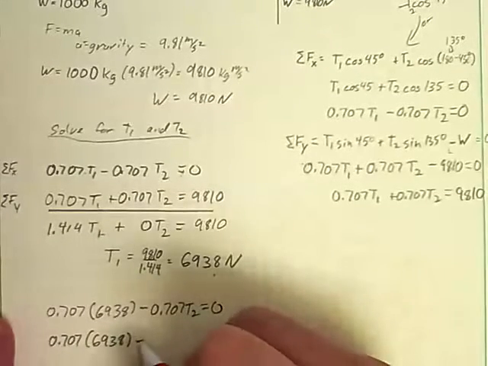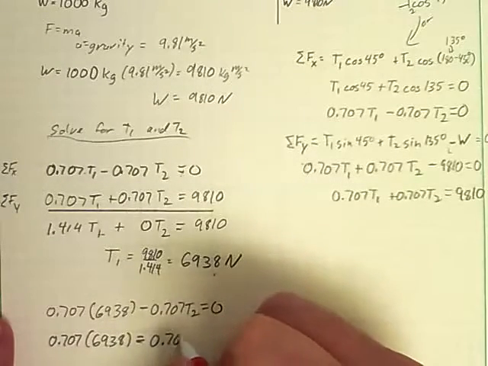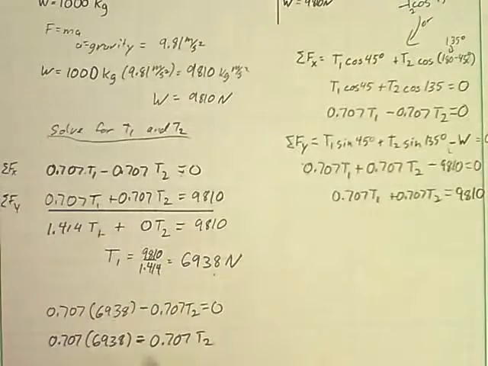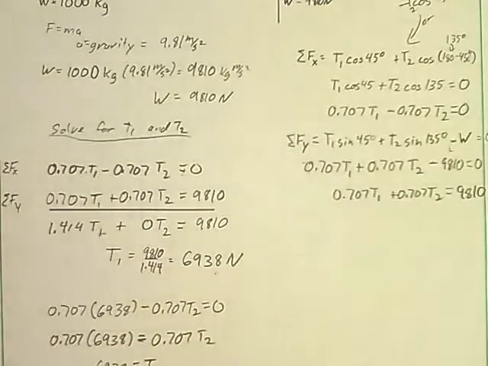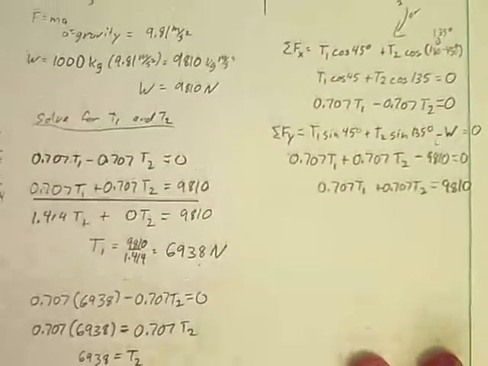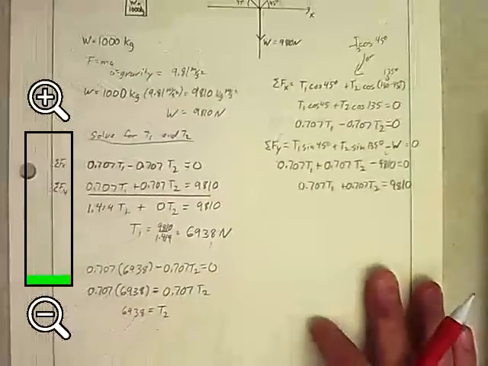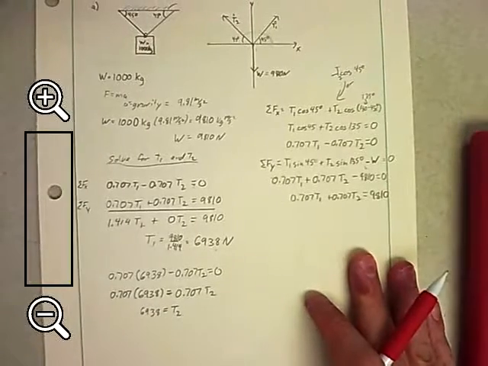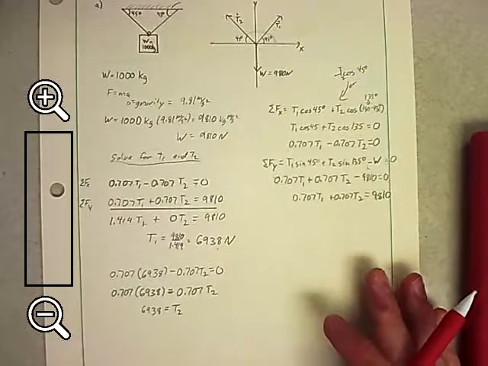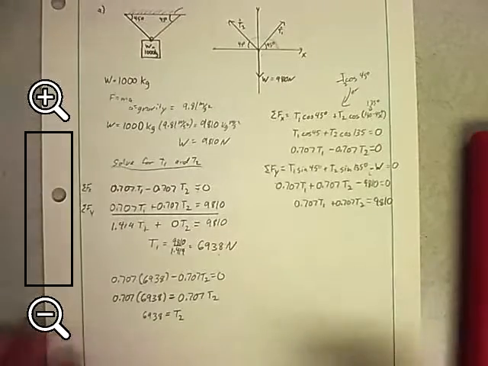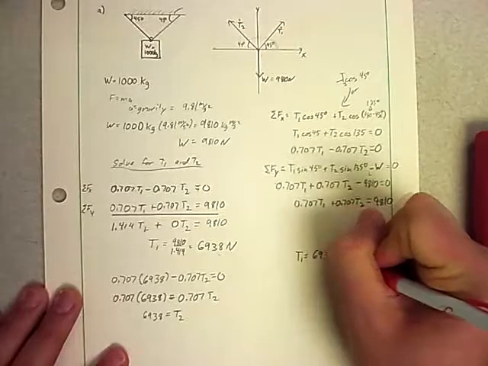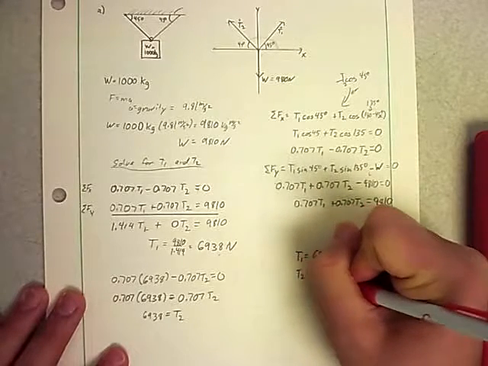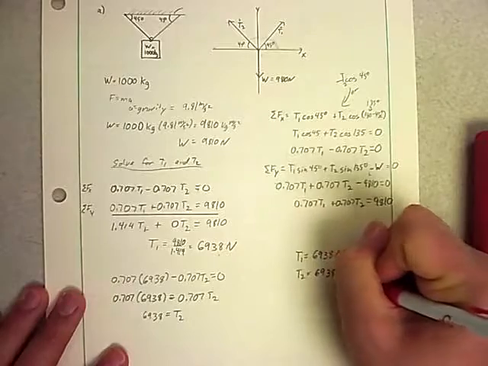If I move that to that side, it's the same as 0.707 T2. If I divide everything by 0.707, I get that 6,938 has to equal T2. It's not surprising that since we have cables of equal length at the same angles, the tension is the same in both of them. So our final answer is that T1 equals 6,938 newtons and T2 equals 6,938 newtons.